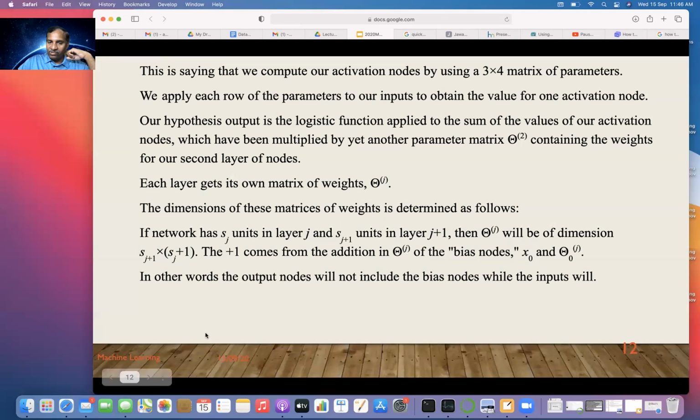In other words, the output nodes will not include the bias nodes while the inputs will. So you don't generate any bias node in outputs. Only inputs will provide one bias node to compute the outputs. So only at the input layer can you add this bias node.